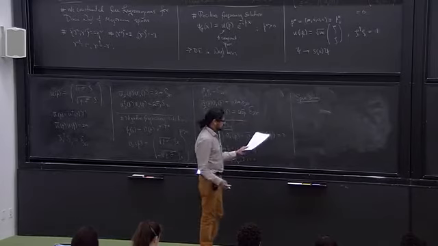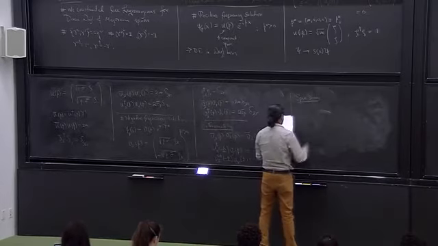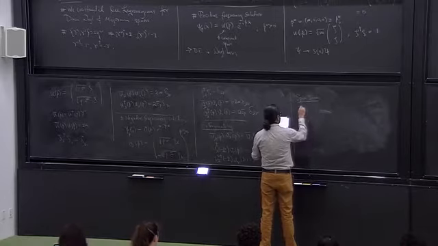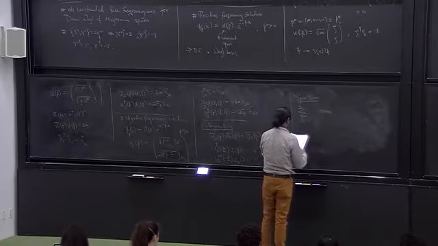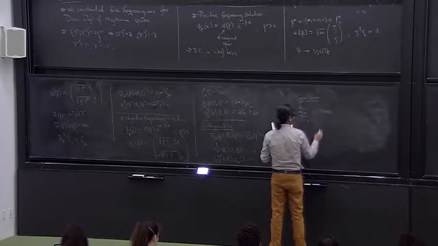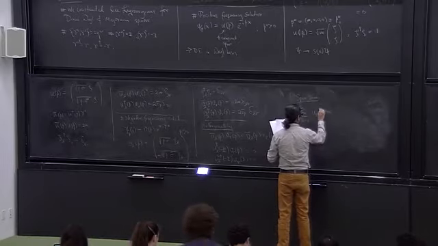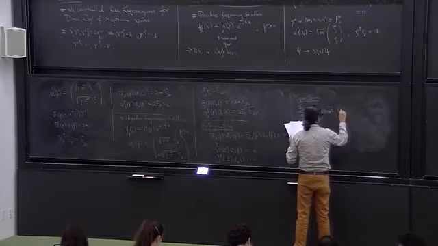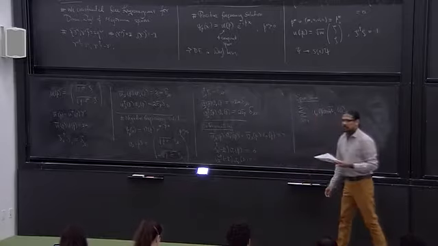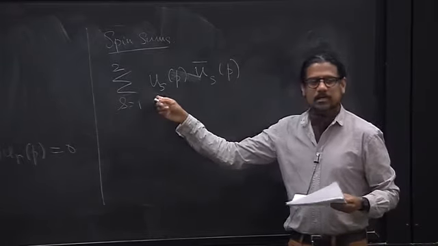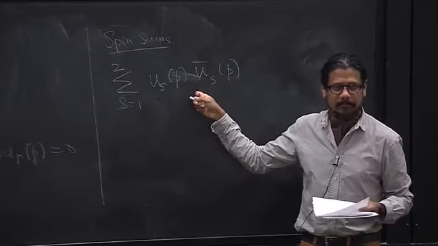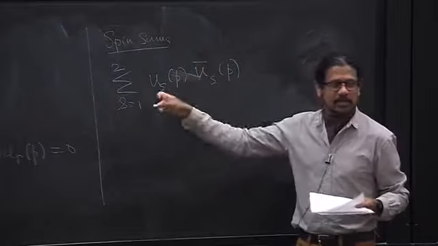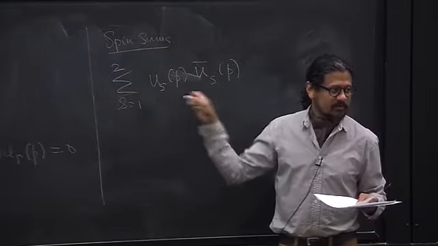So in those cases, and also in calculations, the spin sums become very useful. And the spin sum is basically a statement about the completeness of the u's and v's. So see here, I am actually taking an outer product of u and u bar. So u is a column matrix. What is u bar? Come on? Row. It's a row matrix. So this thing is actually a 4 by 4 matrix.